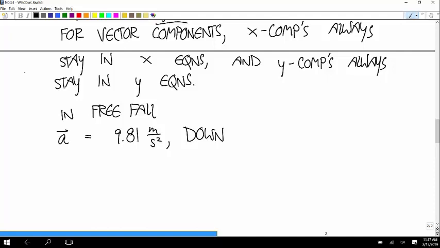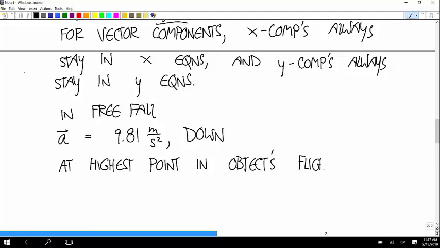And second, at the highest point in an object's flight, you might think that the velocity vector is equal to 0, but it's not exactly that.